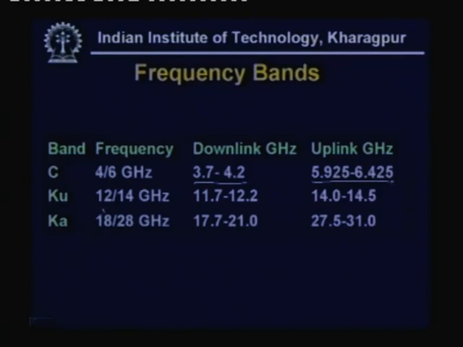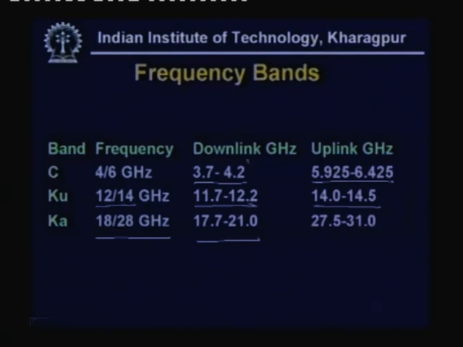Similarly, for Ku band, this is 12/14 gigahertz band, and as you can see here, the downlink frequency is 11.7 to 12.2 gigahertz, and uplink frequency is from 14.0 to 14.5 gigahertz. Similarly, there is another frequency band known as Ka frequency band, which is in the range of 18/28 gigahertz. The downlink frequency is 17.7 to 21 gigahertz, and uplink frequency is 27.5 to 31.0.